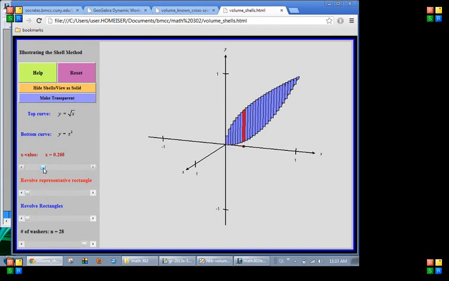At this x value, I get this thin slice, or this thin rectangle, with its own thin volume. And I want to add all those up. So you're not adding up the volume of thin disks, you're adding up the volume of thin shells. But again, each shell is determined by its x value.